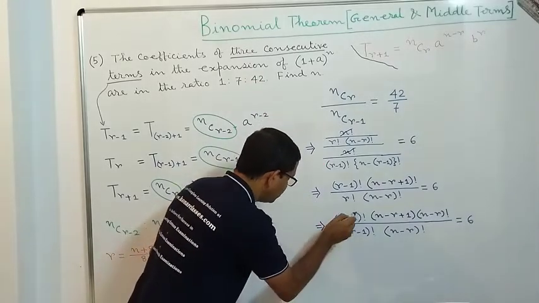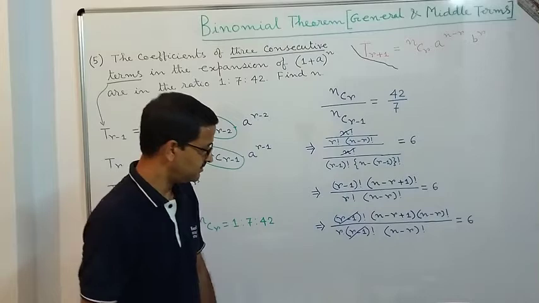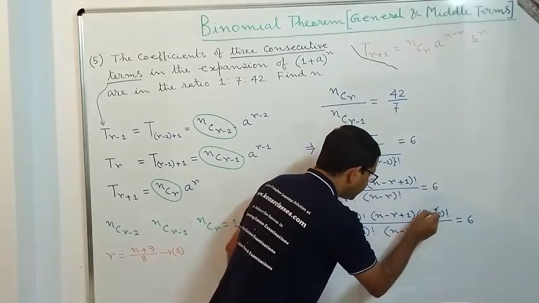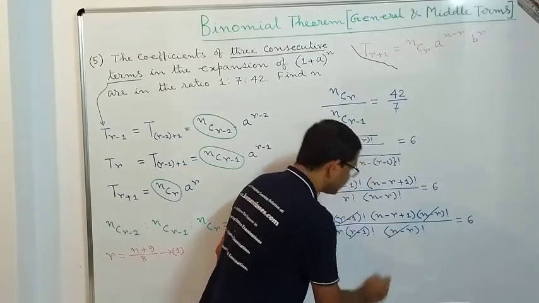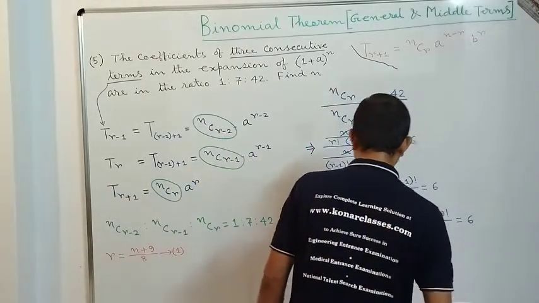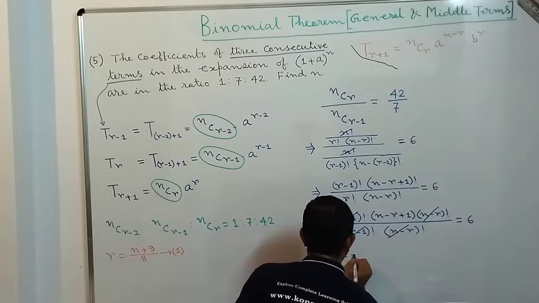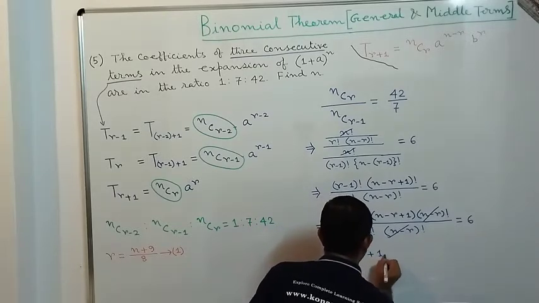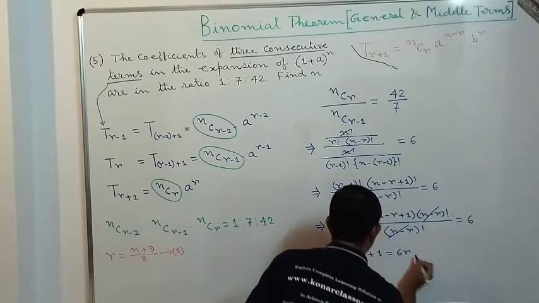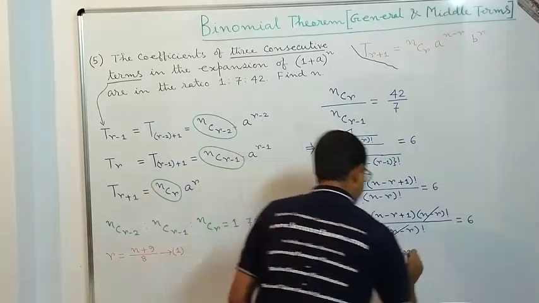Now dear students, in the numerator (r minus 1) factorial and denominator (r minus 1) factorial got cancelled. In the numerator (n minus r) factorial and denominator (n minus r) factorial got cancelled. So what we get? (n minus r plus 1) divided by r is equal to 6, so n minus r plus 1 is equal to 6 into r. Correct dear students?